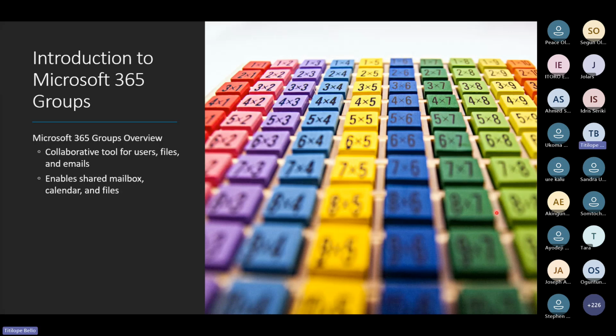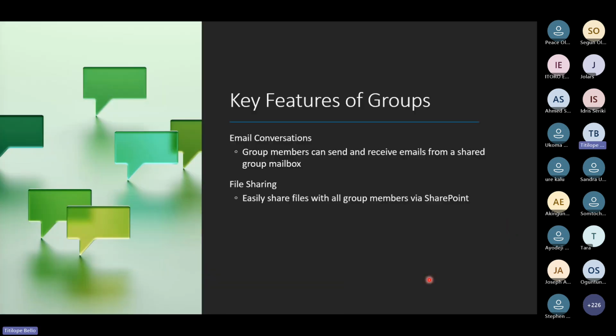Moving on, let's see how this thing works. So I've said it again. When it comes to key features of groups, irrespective of whether it's an Office 365 or Microsoft 365 group, or an email distribution group or email security group, something that is common to all of them is the email conversation.